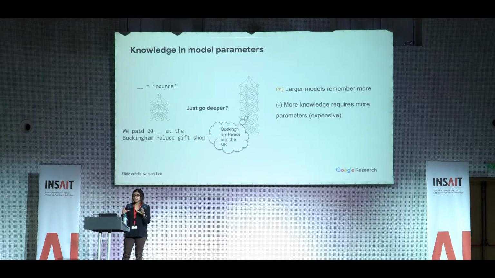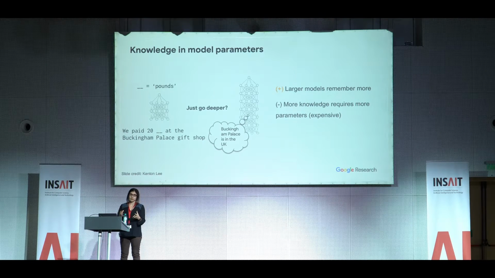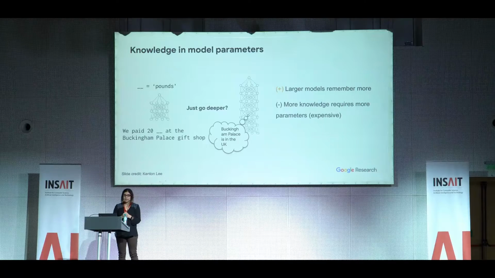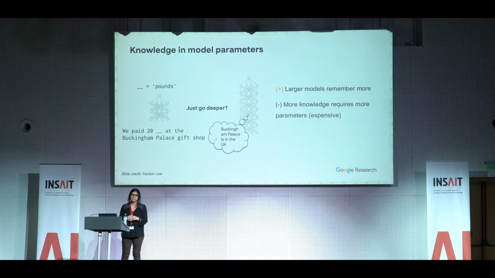To give you a sense of how language models learn to represent background knowledge, we can look at an example like this in unlabeled text. We paid 20 blank at the Buckingham Palace gift shop. The neural network is trying to predict what goes in the blank, in this case, pounds.